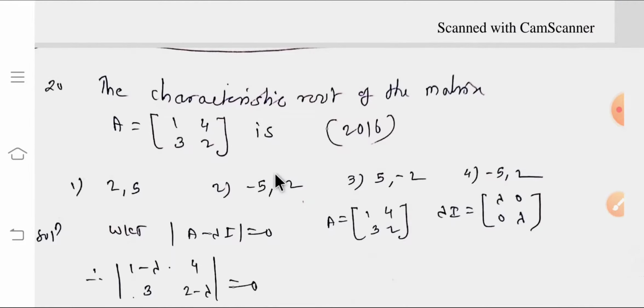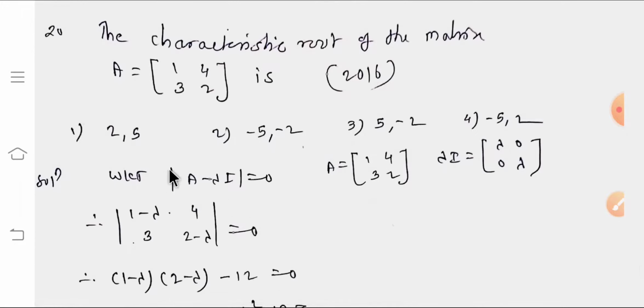Similarly, the characteristic roots of the matrix A equal to [1, 4; 3, 2]. The options are 2 and 5, -5 and -2, 5 and -2, and -5 and 2. To find the characteristic roots, we write determinant of A minus lambda equal to 0. Subtract lambda from the first and last elements: 1 minus lambda, 4, 3, 2 minus lambda equal to 0.